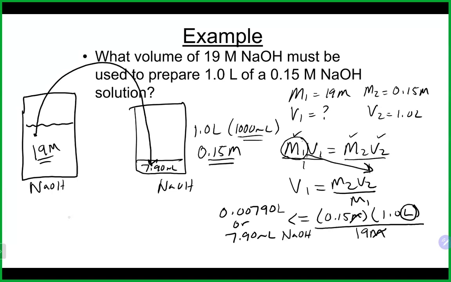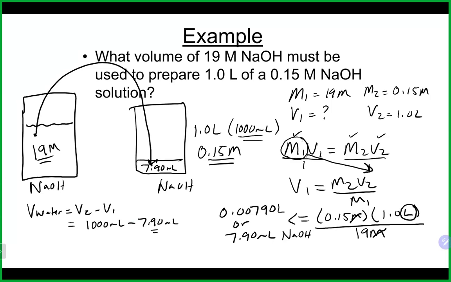And typically speaking, if you want to know the volume of water you want to put in there, you can take V2 minus V1, making sure they're in the same units. V2 in this case is 1,000 milliliters, or 1 liter, and we already put in there 7.9 milliliters.